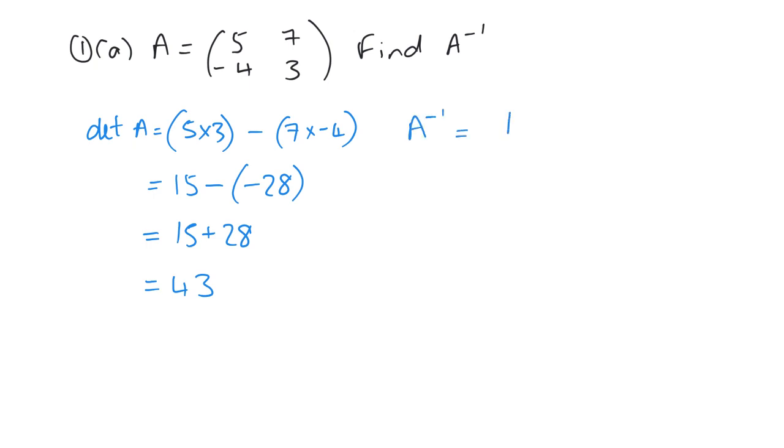So our inverse is 1 over the determinant. And now we change around the 5 and the 3. So the 3 will come up to the top and the 5 will go down to the bottom. And we change the signs of the other two. So 7 will become minus 7 and minus 4 will become 4.